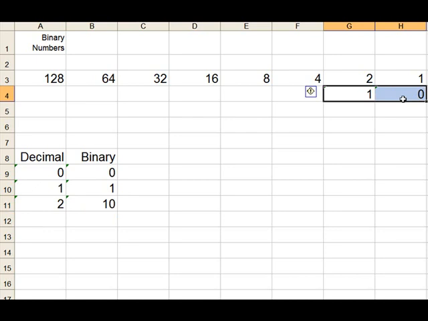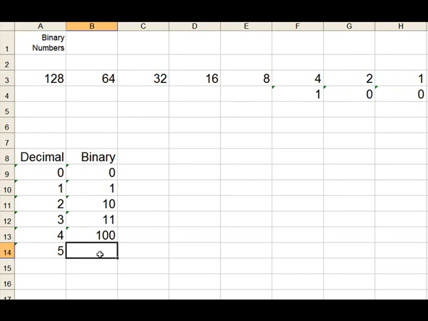In decimal, 3, how would we write a 3 in binary? One group of 2 and one group of 1. In decimal, 4. How would we write 4 in binary? One group of 4, no 2's and no 1's. So now we have a 3-place number, 1, 0, 0.